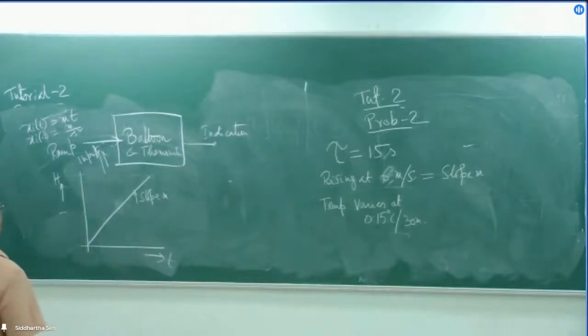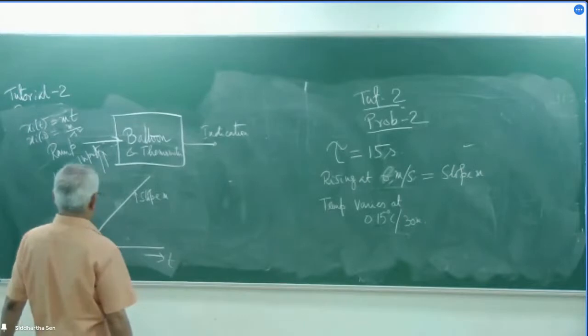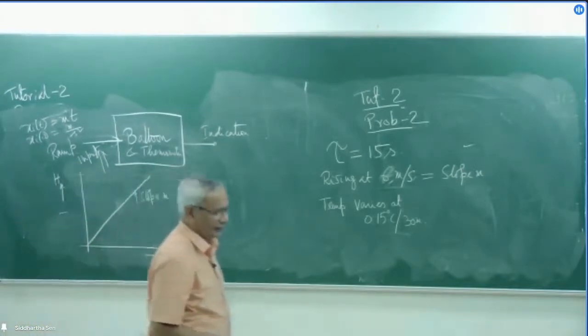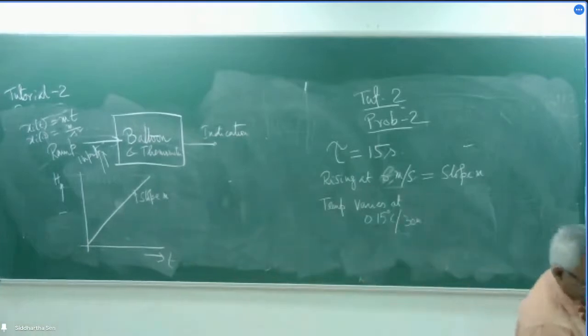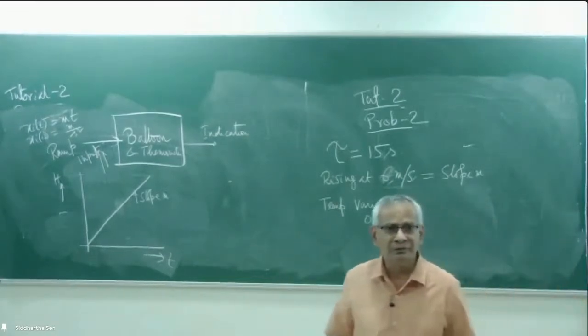So this is a very important issue, that the input is a ramp input there. And we know that the balloon is a first order system.